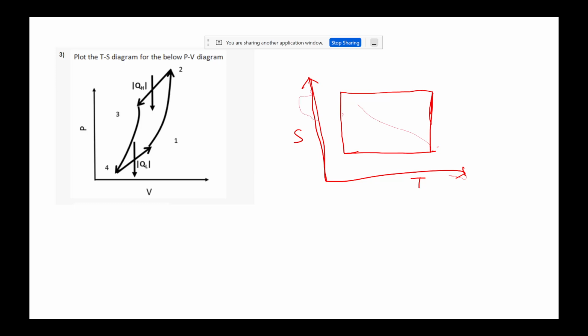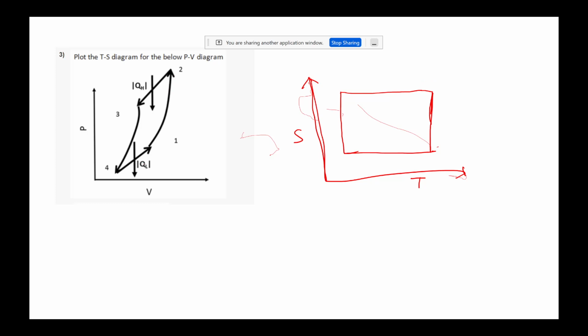Now which is higher? 2 to 3 is at the higher temperature. This is isothermal, so this should be the higher temperature, and higher entropy means more steep.